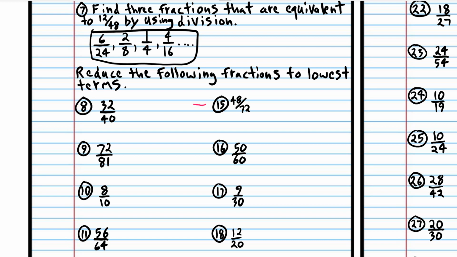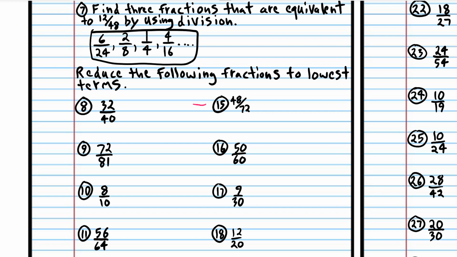And what is the fundamental principle of fractions again? You can multiply both the numerator and the denominator by the same number, or you can divide the numerator and the denominator by the same number, and the fraction does not change. The numbers change, but the value of the overall fraction does not change.